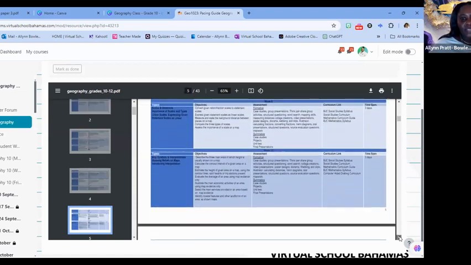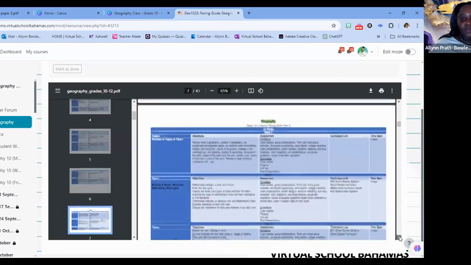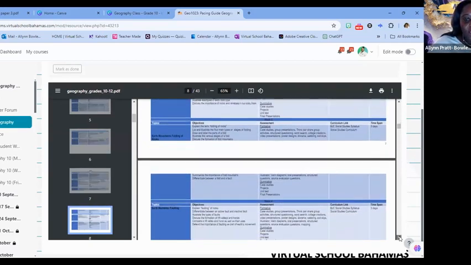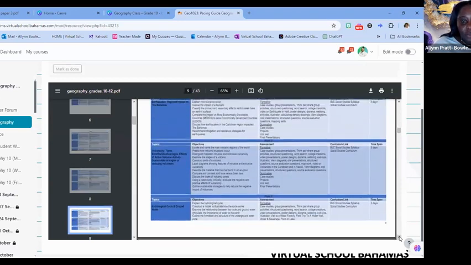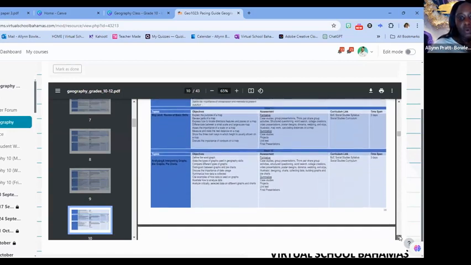This is all still grade 10. Then we move on to rocks, types of rocks, faulting and folding, earthquakes, volcanoes, and we end grade 10 with the hydrological cycle, the water cycle, groundwater and surface water.